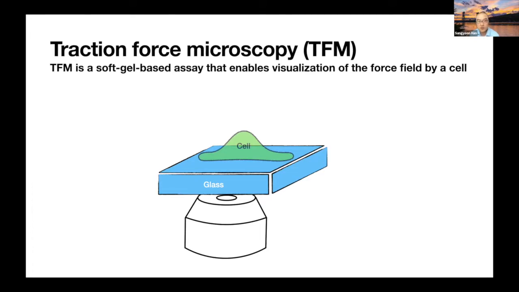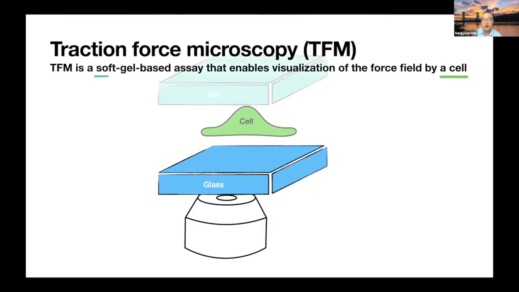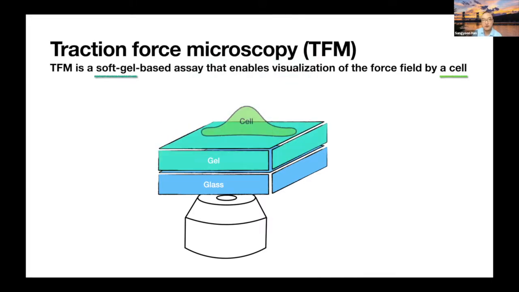When we culture cells on top of glass, cells contract and there should be a force, but we cannot visualize it because the glass substrate is so hard. So we put the cells on a gel, soft enough to be deformed by the force.